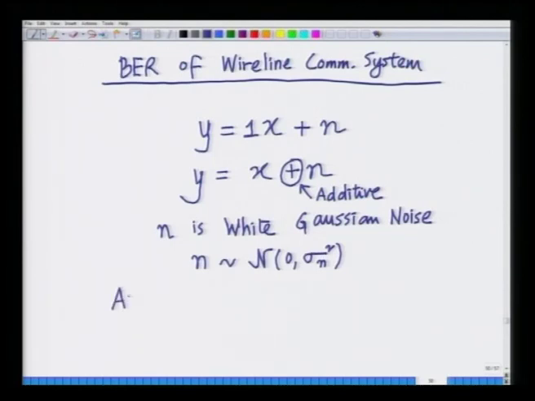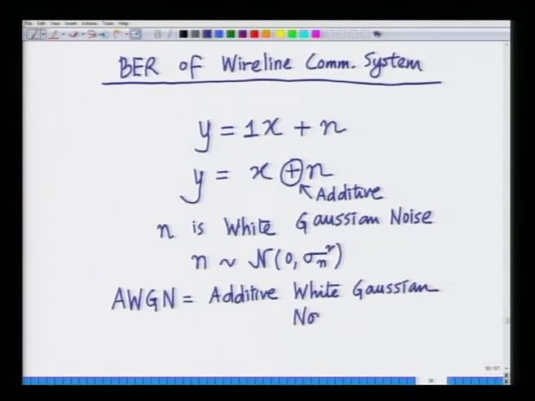It is known as the AWGN channel, which stands for additive white Gaussian noise. A stands for additive, W stands for white, G stands for Gaussian, and N stands for noise.